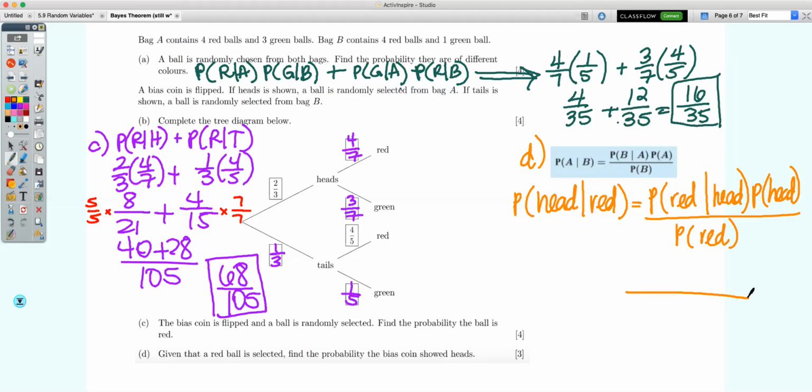Well, the way we can use our tree diagram to determine this part of the equation, we look at the tree diagram and say, okay, it has to be red given that it was a head. So here's the head. We want the probability of red given that it was a head. So that 4/7 is what is boxed in yellow.